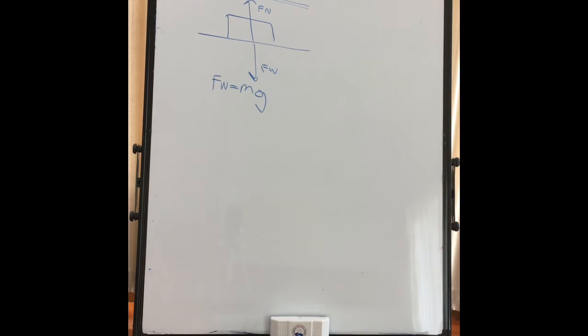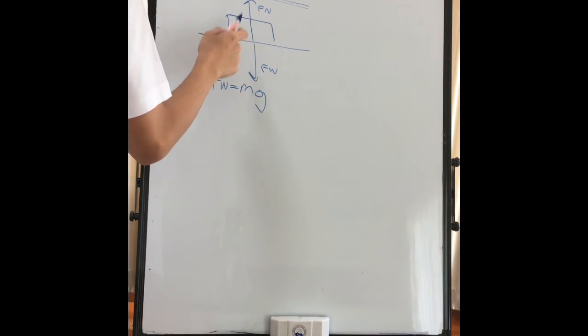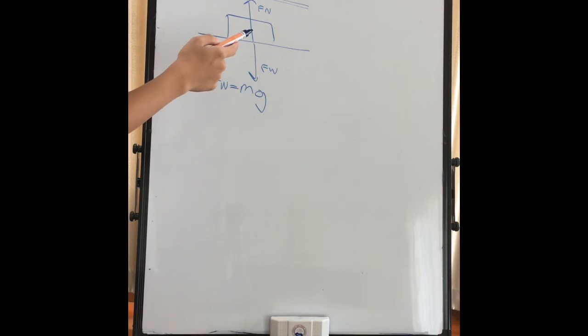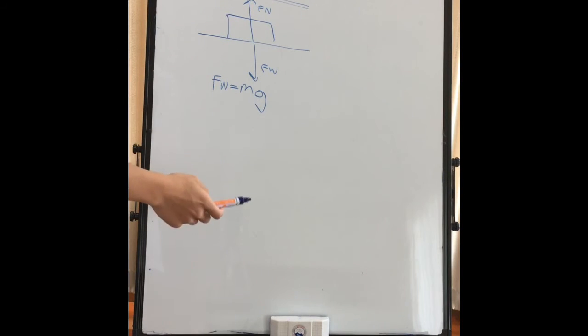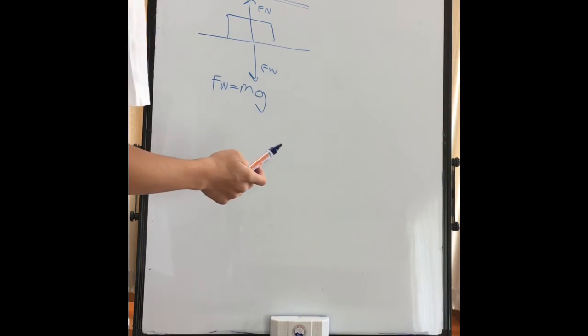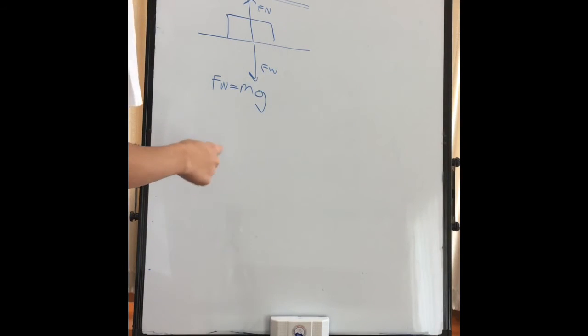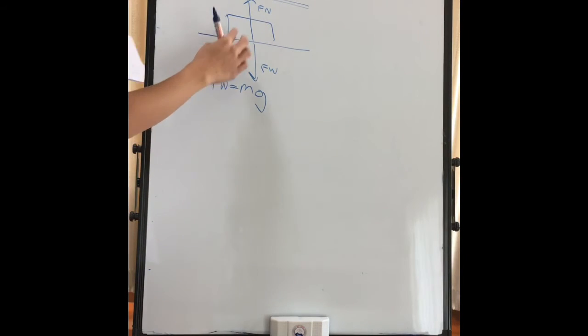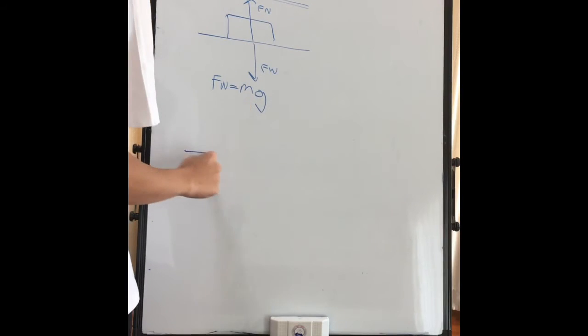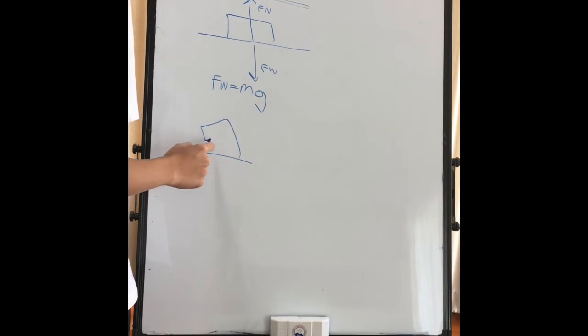I'll give an example. If a 3 kilogram box rests on a horizontal surface, what is the normal force acting on the box? So we have a block of 3 kilograms, and we want to find the normal force.